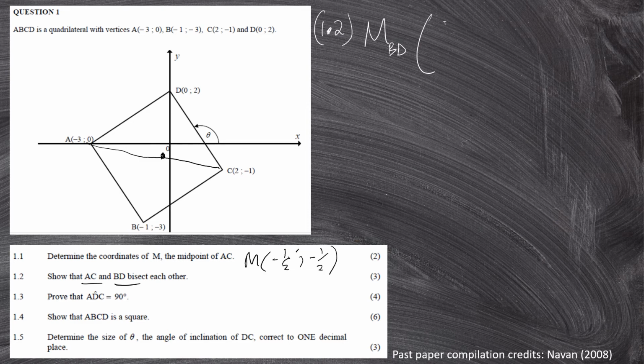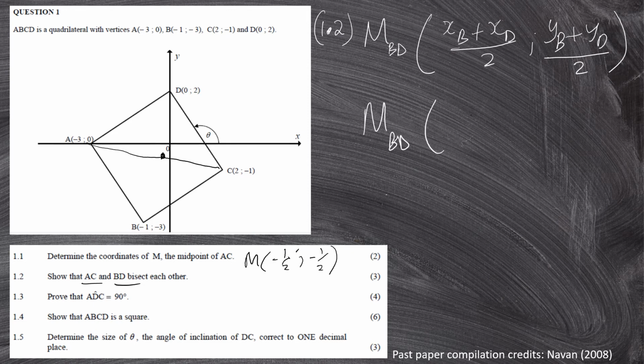Midpoint of BD will be x at B plus x at D divided by 2, comma, y at B plus y at D, all divided by 2. So x at B is minus 1 plus x at D is 0 divided by 2. Y at B is minus 3 plus y at D is 2, all divided by 2.